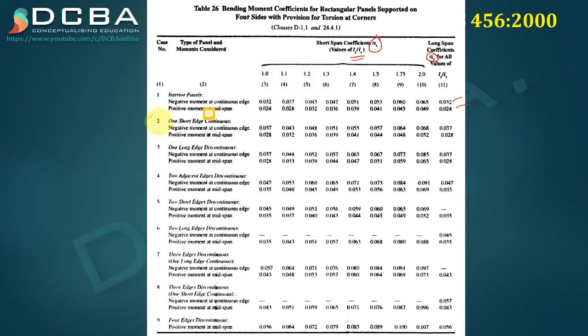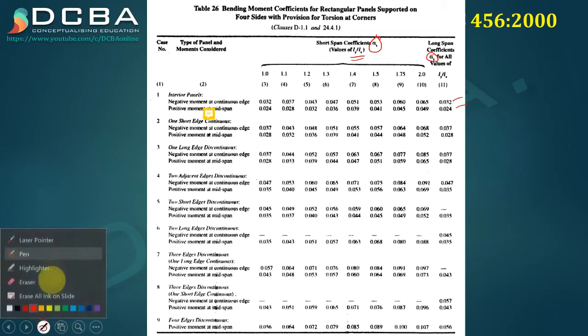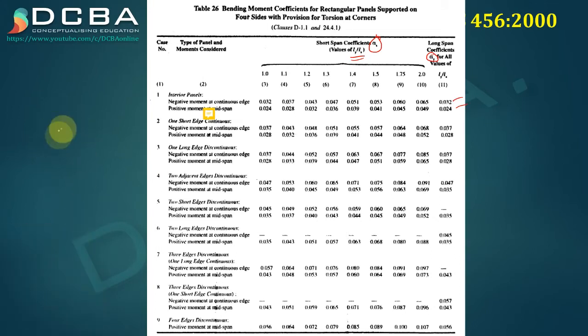Now I will explain all these 9 cases. Except the simply supported case, everything is given here. So what this interior panel says is that if there is a slab like this, then along all the edges there will be a slab continuing.